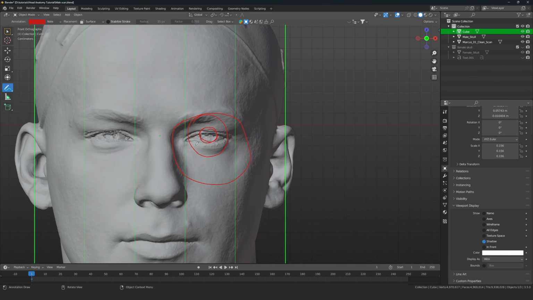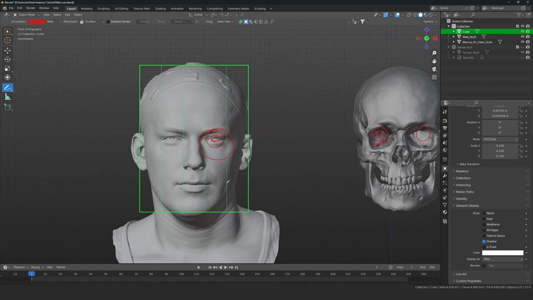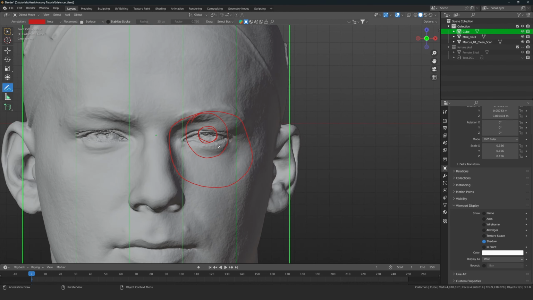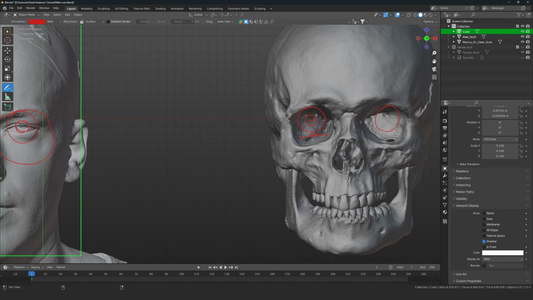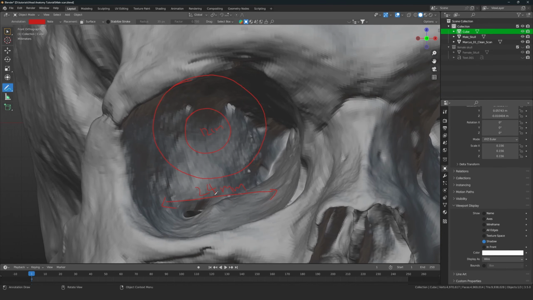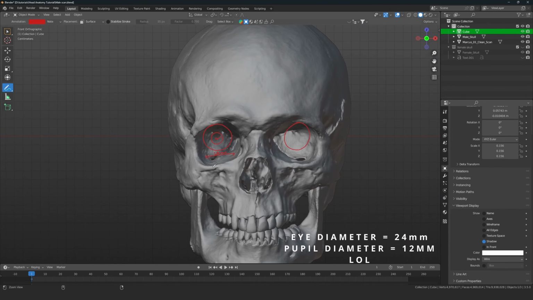So you can clearly see the eyeball is supposed to be on the upper part of the eye socket. I think I've created the eye socket a little bit bigger, but you get the idea. The eyeball is supposed to be on the top part of the eye socket, and I've already talked about the measurement. So 24 millimeters and 12 millimeters.